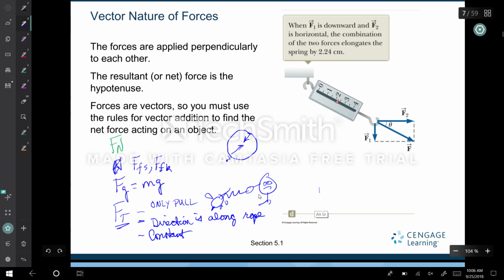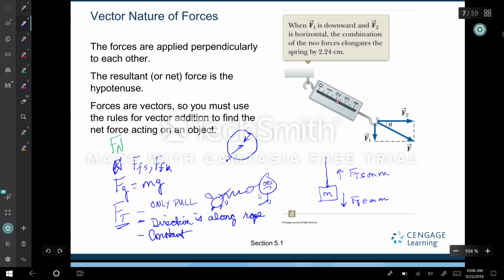So suppose I were to suspend a mass from a string. Good. The force of tension of the string on the mass opposes the force of gravity of the Earth on the mass.